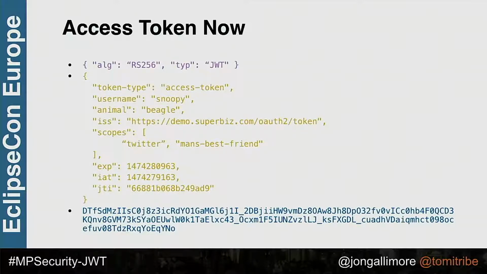There's the EXP, which is just a timestamp. This is when the token expires. And so we expect anyone who's verifying this token to reject it if the current time is past that expiry timestamp. Similarly for IAT, that's the issued at timestamp. So the token is not valid before that particular time. And the JTI claim at the bottom there, that's a unique field.